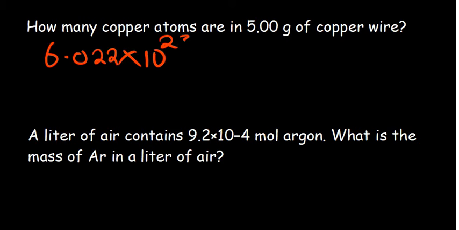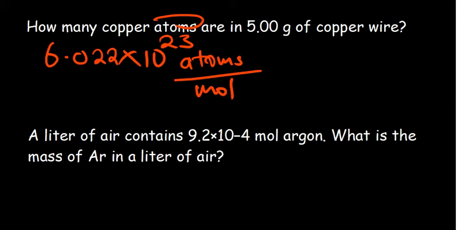The units are per mole, which means whatever you are dealing with should be per mole. In this case we are dealing with atoms, so the units of Avogadro's constant will be atoms per mole. If we were dealing with molecules, the units would be molecules per mole. So it is flexible, but mole is always going to be there.